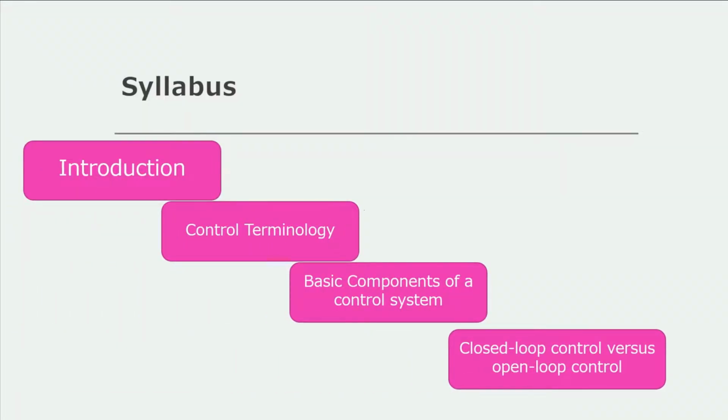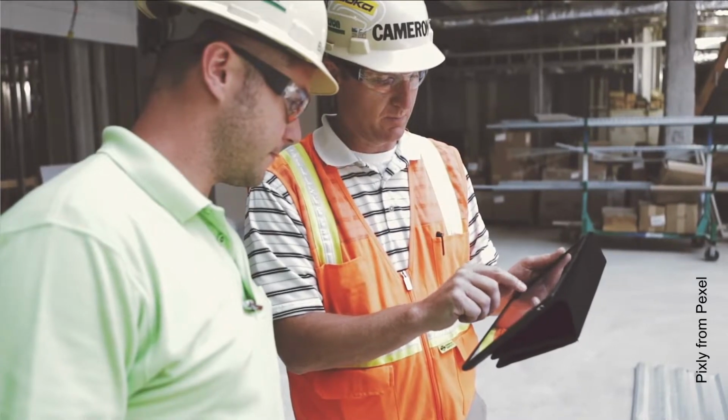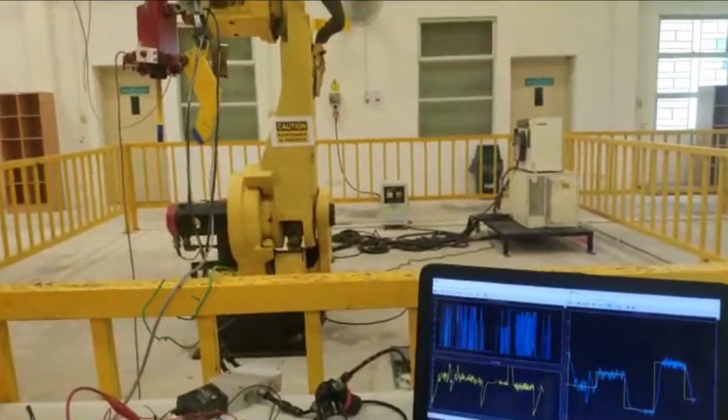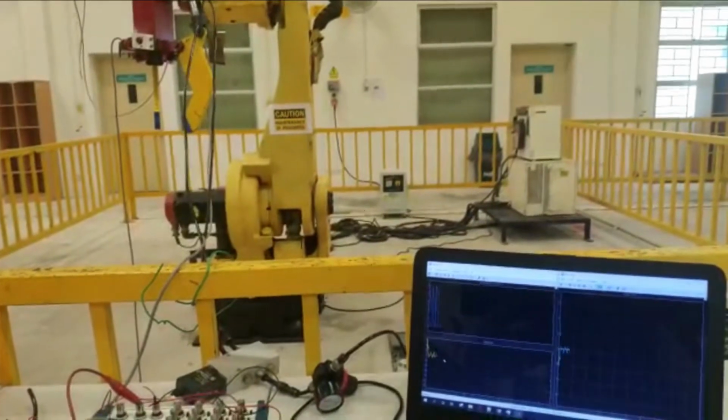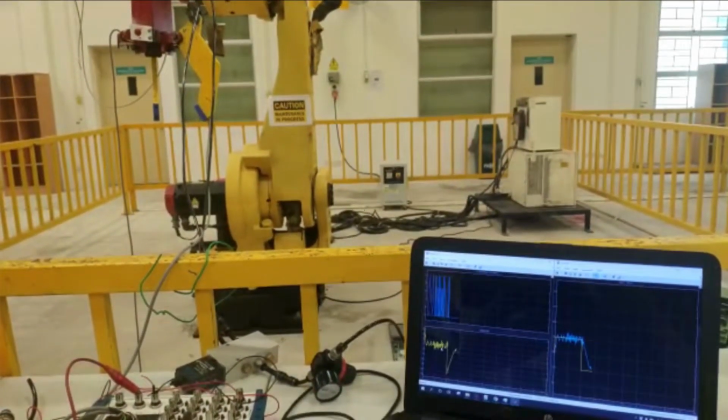In this chapter, we will cover the introduction to control systems, and then the terminologies of the control system that we always use in this subject, which you will use afterwards for your design work or as your knowledge.